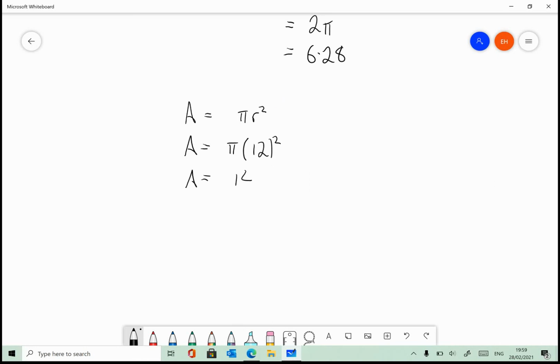Area is equal to 144 pi. Area is equal to 452.39. Now, that's kind of interesting, because that's the area of the full circle.